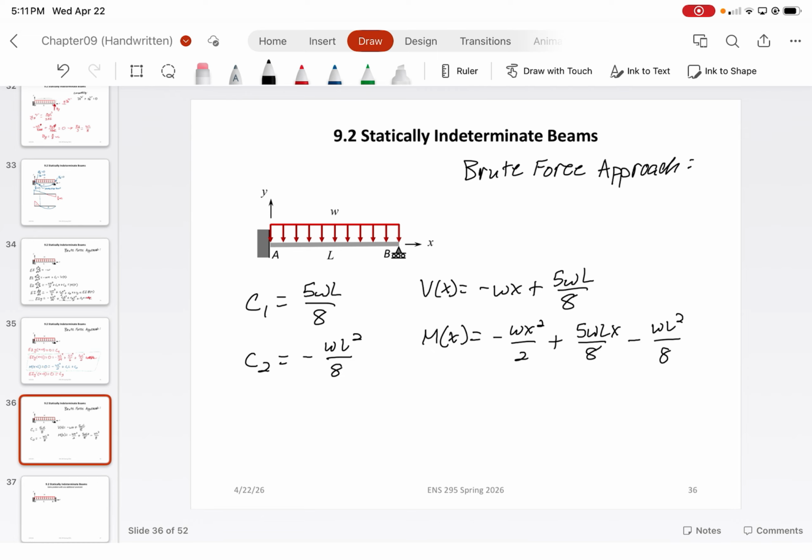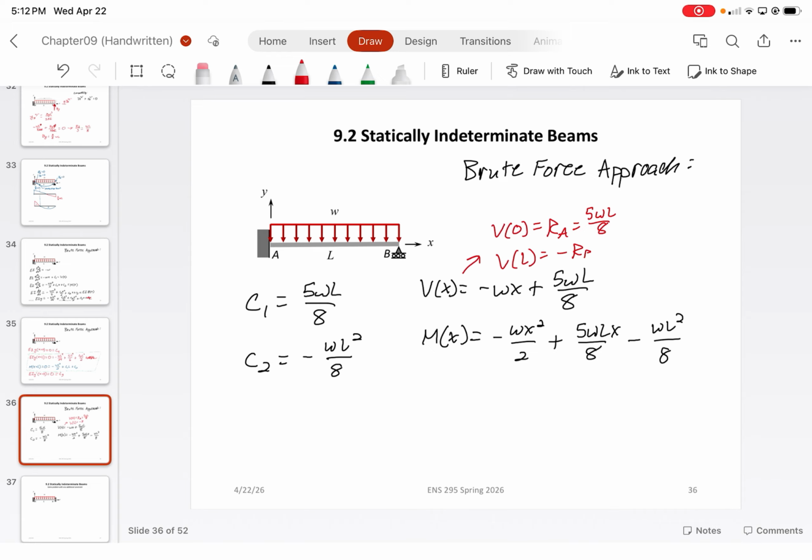All right, now you can obviously find critical points, like for example, if you plugged in V of x equal to 0, you would get the vertical reaction force at A, which is equal to 5WL over 8. But if you plugged in V at L, technically you would get negative 3/8 WL, which is the shear force at B, which is just the negative of the reaction force.